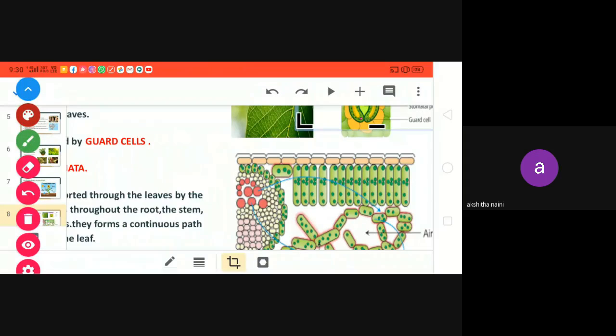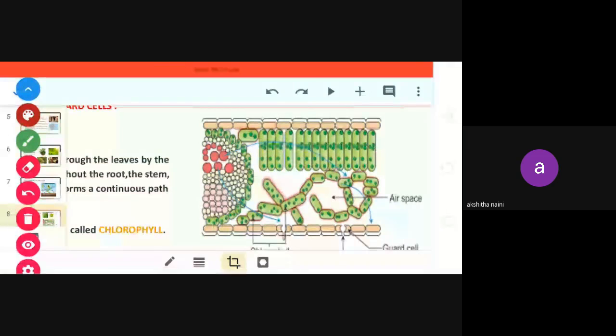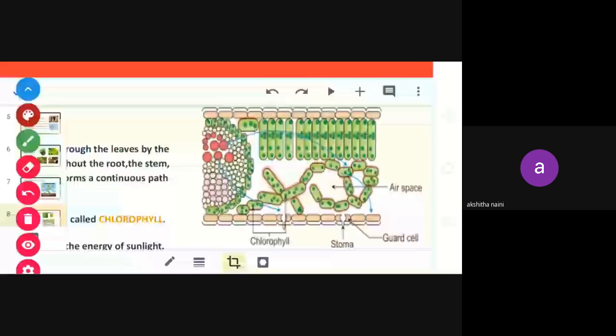If you observe the inside structure of the leaf, this is how it looks. If you observe this picture carefully, the green color dots are called chlorophyll.